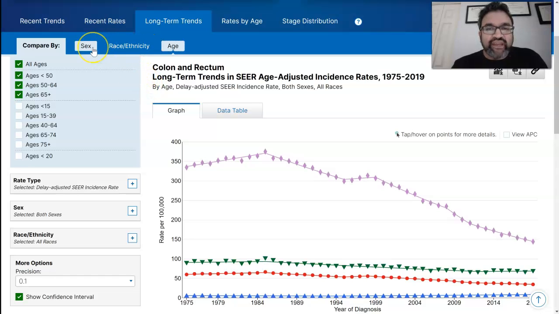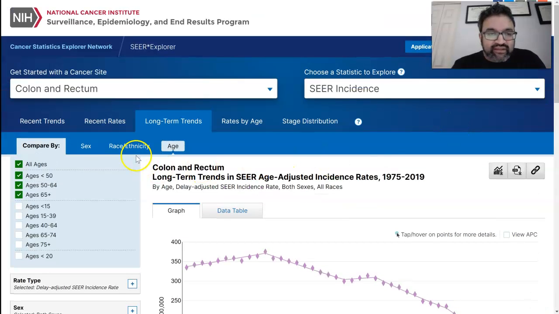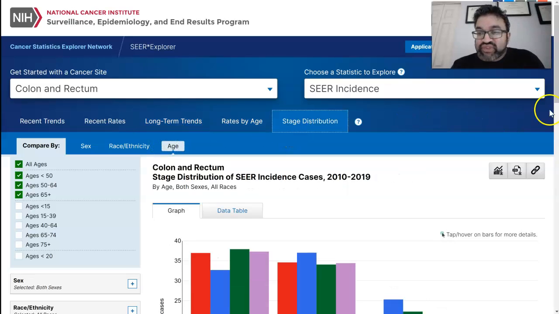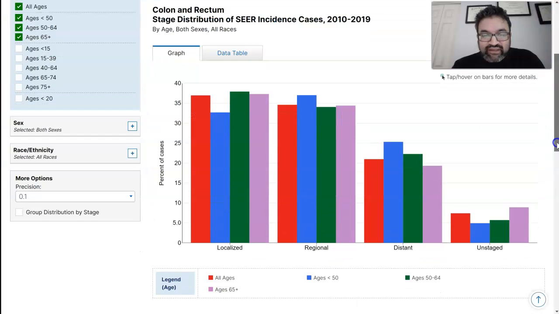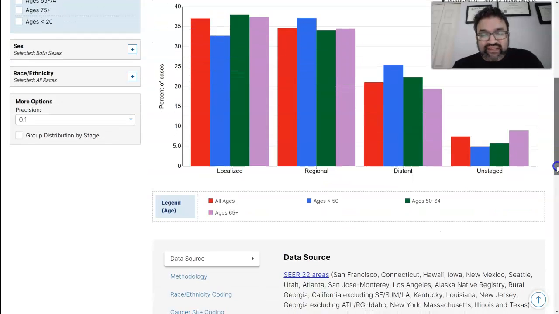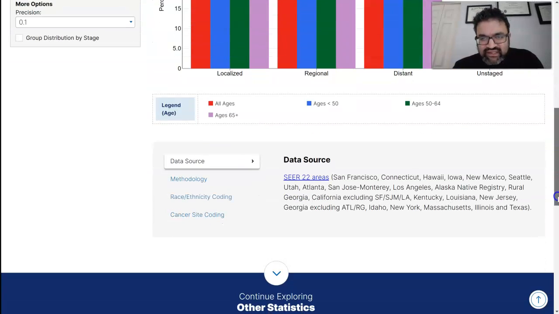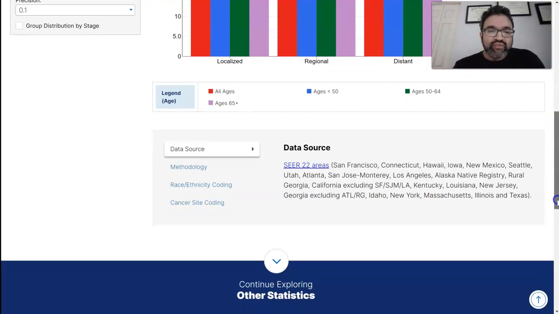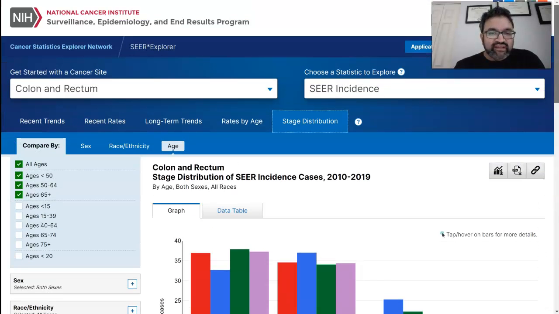So these are the different types of disaggregated data that you can be exploring for each of the cancers: sex, race, age. And then you can look at the stage distribution. Is it localized, regional, distant, unstaged? And you can look at the ways that the cancer site coding takes place. There are a lot of different things that you can explore here in this guide.